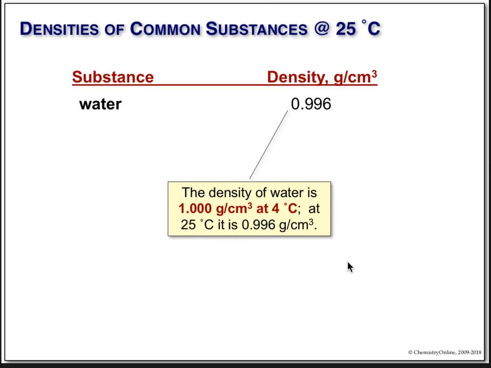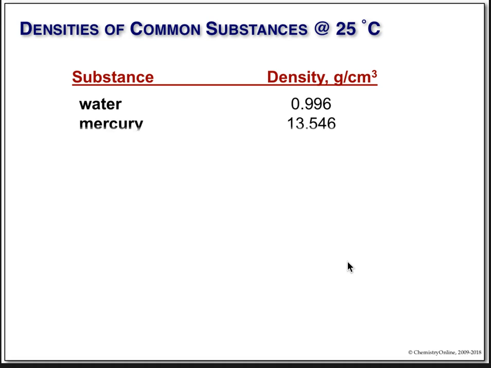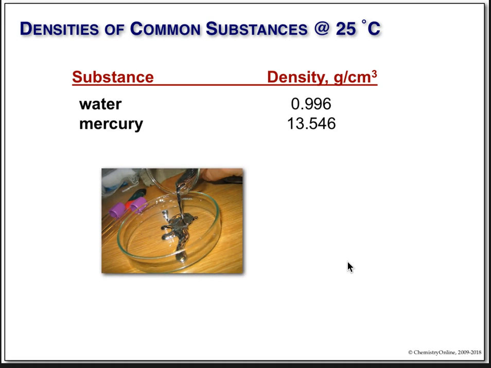The density of water is darn near 1. In fact, if you cool water to 4 degrees centigrade, it is exactly 1, but only at 4 degrees. At 25 degrees, room temperature, it's about 0.996. Mercury. We used to all be much more familiar with mercury. Mercury was fun to play with when I was a child.